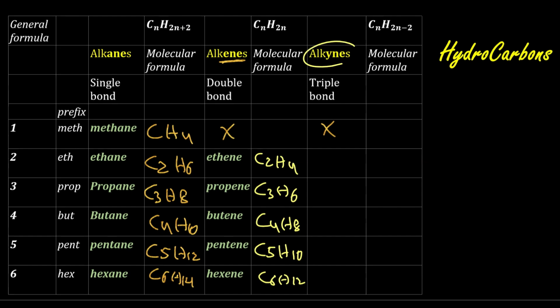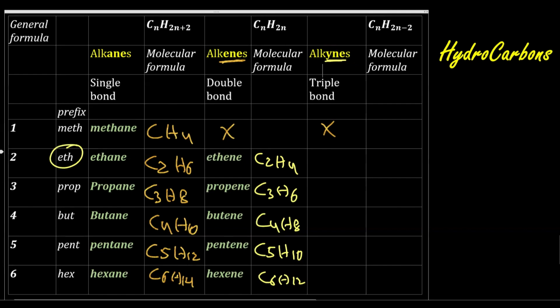Now coming to the next, that is alkyne. As I said, alkynes with one carbon atom do not exist, so we'll begin with two carbon atoms. We use the same prefix and the suffix yne.